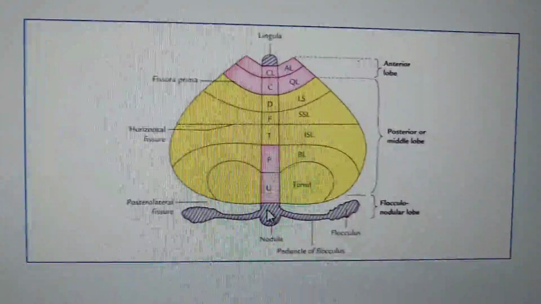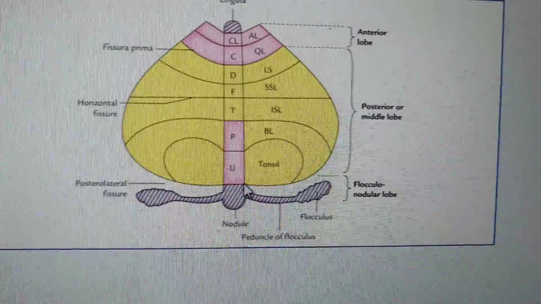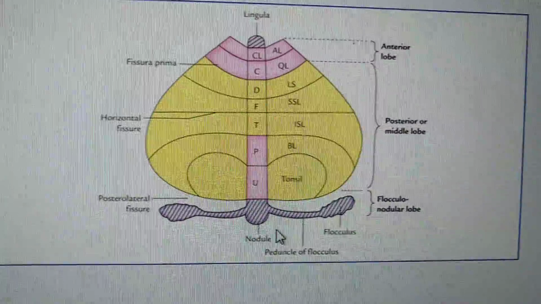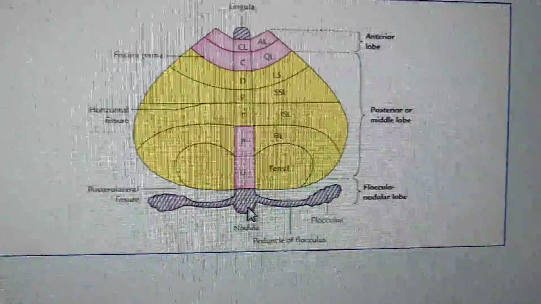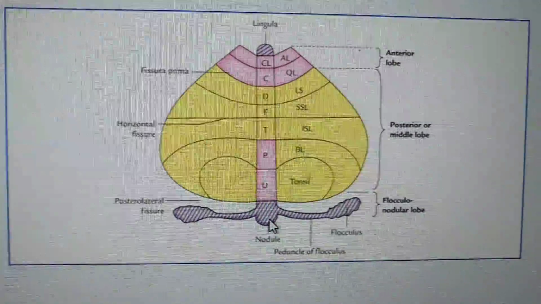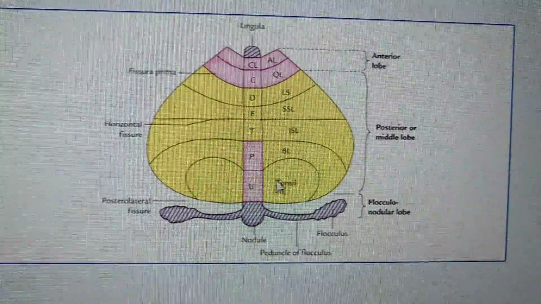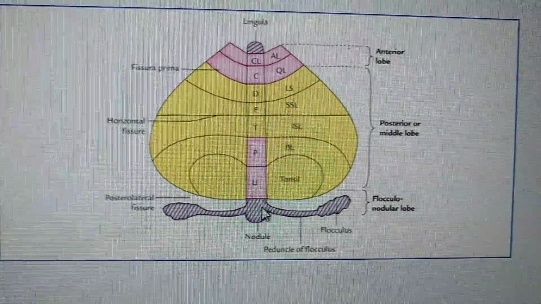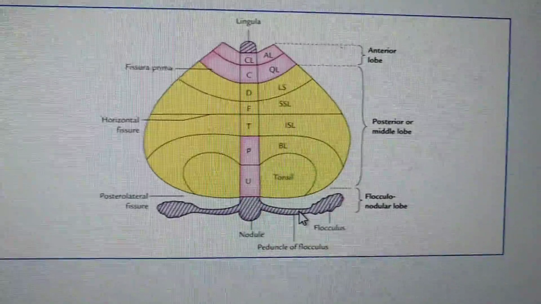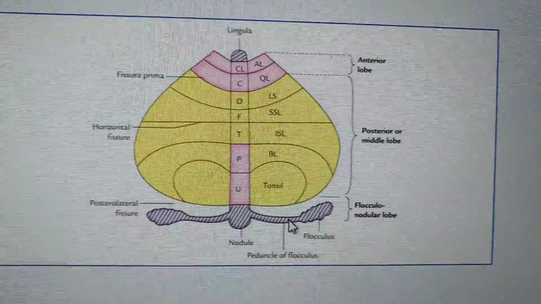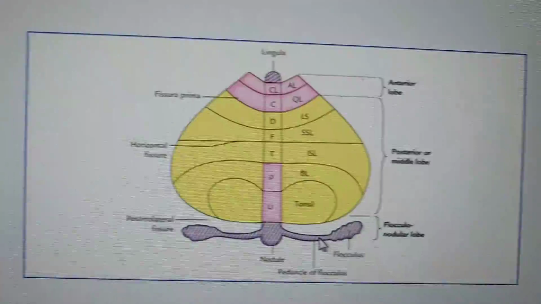Now the component of archicerebellum, shown in violet, is lingula and the flocculonodular lobe. So these form the archicerebellum. Now the main function is the maintenance of equilibrium.